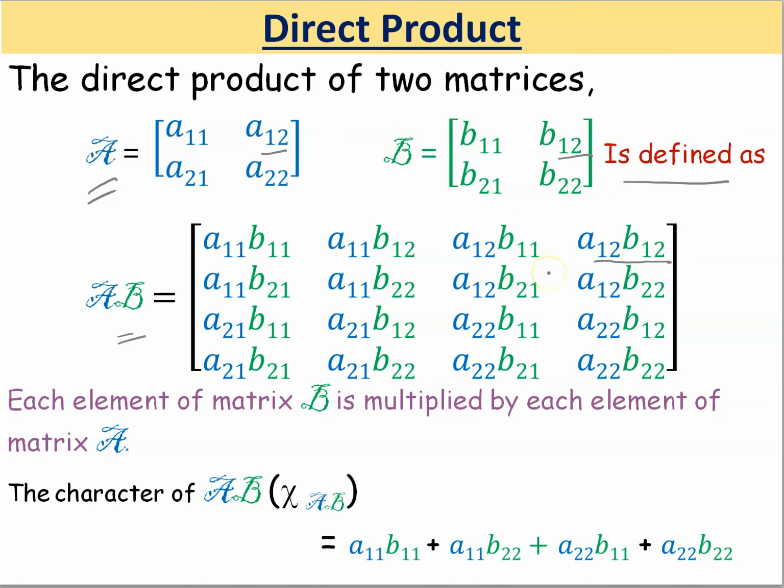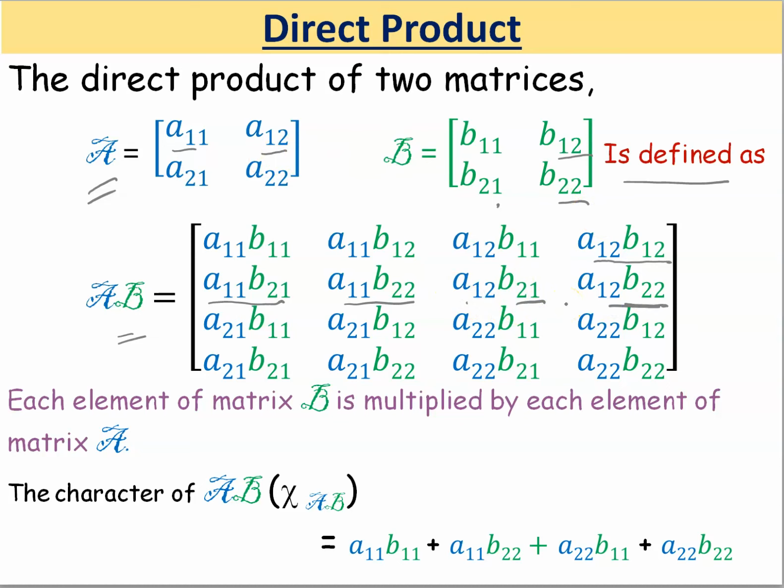That is the first row. And in the second row, A11 again is multiplied with B21 and B22. Next A12 with B21 and A12 with B22. That is the second row.